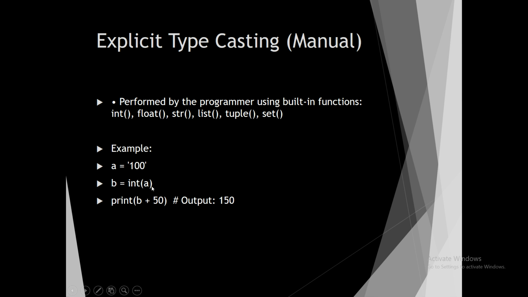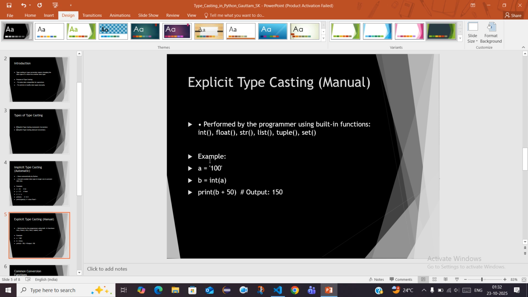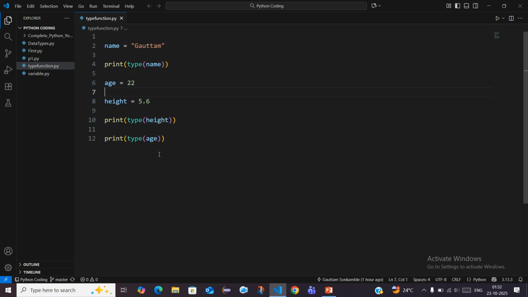If you want to know that a quoted value is a string, just check in our VS Code. First of all, we will create one file called typecasting, because we are learning typecasting, that is called type conversion, one data type into another.